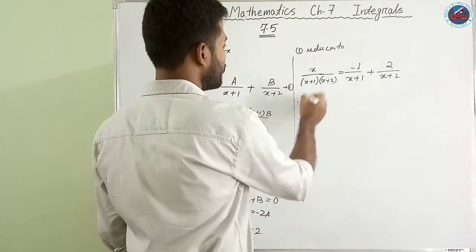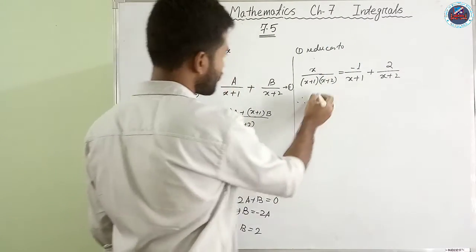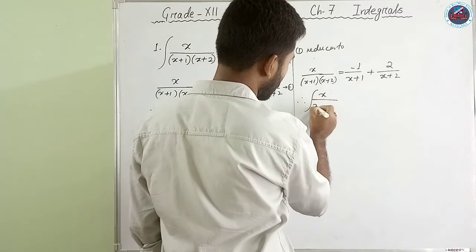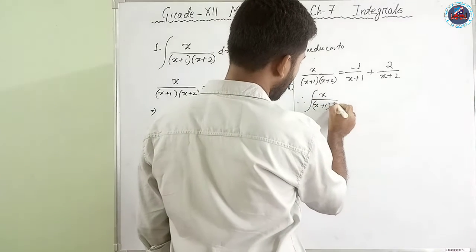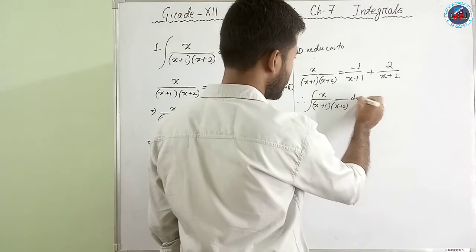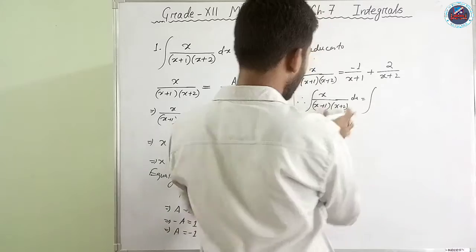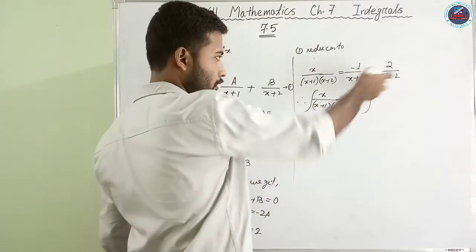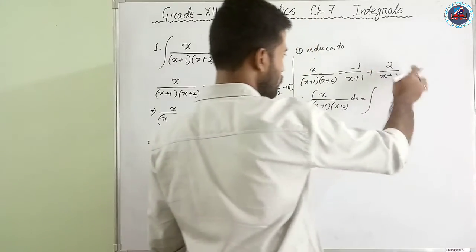Fine. Therefore what is our original integration? Integration of x by (x plus 1)(x plus 2) dx. So if I take integration on this, it will be the integration of this also.